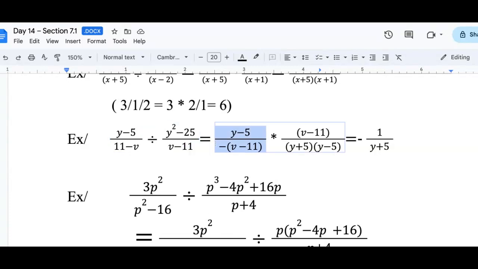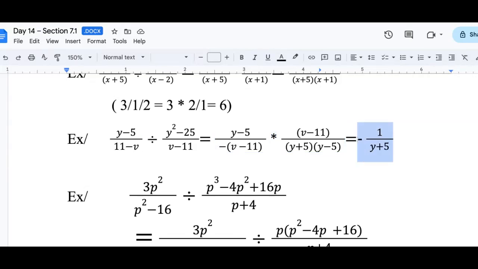So indeed, we want to rewrite 11 minus v as negative v minus 11. Then change division into multiplication, flip numerator and denominator. Then simplify, we get negative 1 over y plus 5. Anyone has any question?